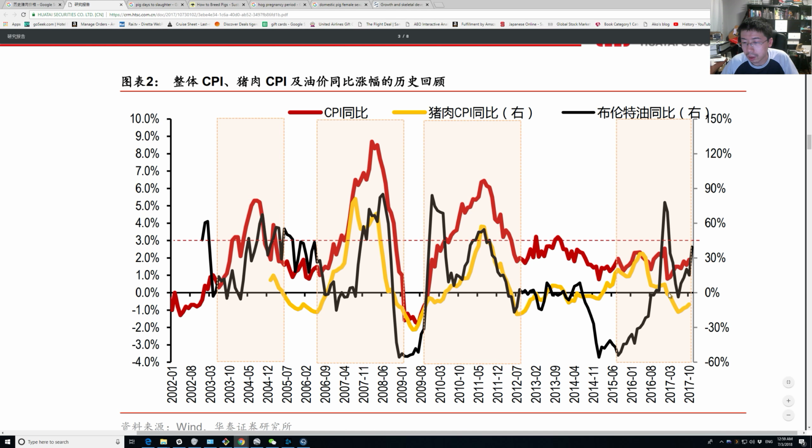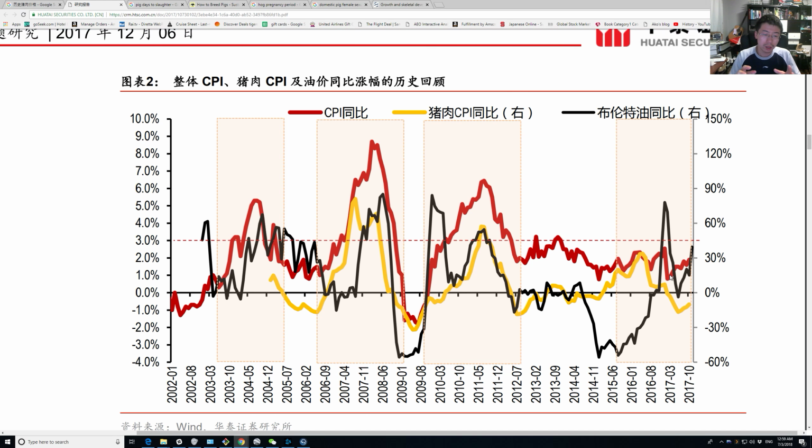So at this point, there's been already a year of decline, but that's not what we are interested in. Really, we have to think about what makes people want to breed pigs. It's not that pork price is increasing, it's that pork price is much higher than the cost of raising that pig.